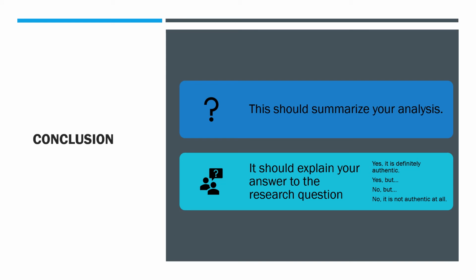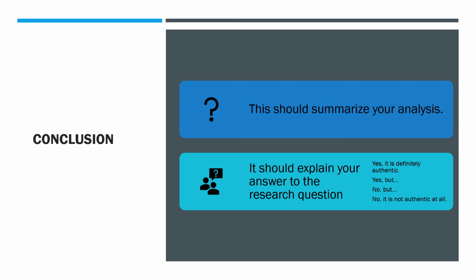Most importantly then, with your conclusion, you want to summarize that analysis. What are the main points? You want to think about how you've sectioned off each of your sections in your blog and what's important from each of those to know. This should also explain your answer to the research question. You answered that yes, it definitely is, no, it's definitely not, or a yes, but, or no, but kind of answer.